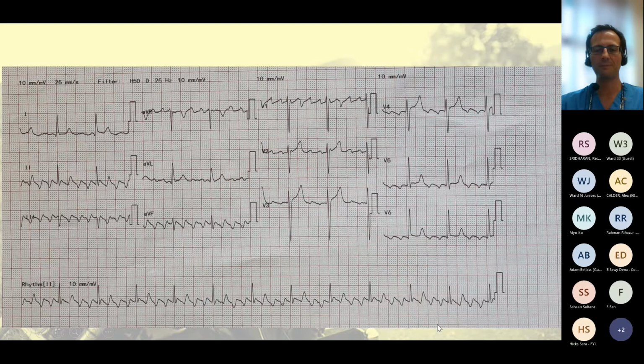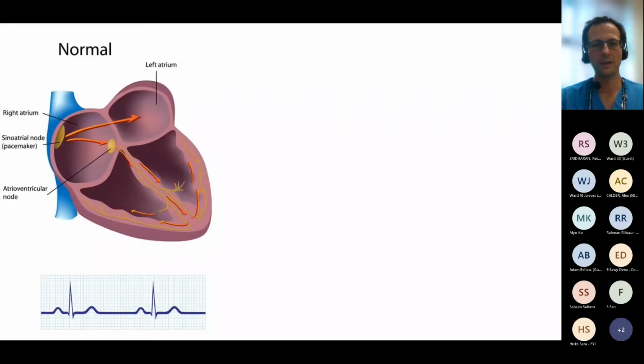Now, atrial flutter and atrial fibrillation sound very, very similar, and they are completely different in some ways and very similar in others. So let me tell you what they are. Normally, you get your natural pacemaker in the sinoatrial node sending a signal through the atrium telling the atria to contract. And then that signal can't go through just anywhere.